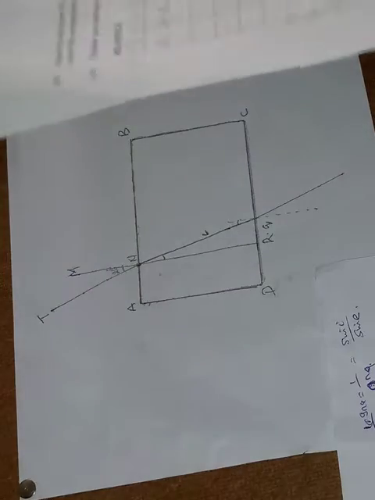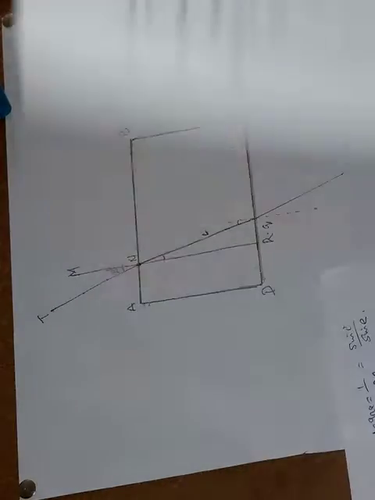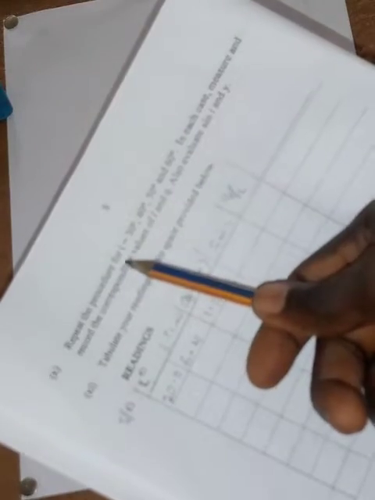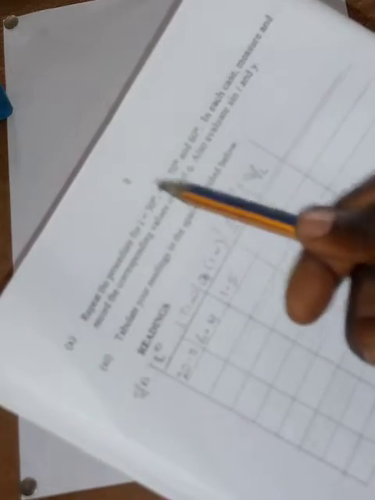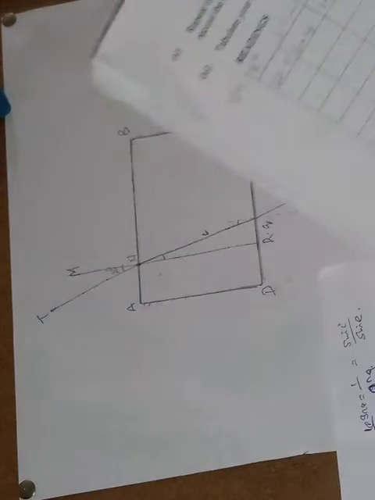So now we have done that. Now the next step is to repeat the procedure for I equals 30 degrees. I'm going to repeat that procedure for 30 degrees, then I'll pause the video and do for all others. So let me measure 30 degrees.